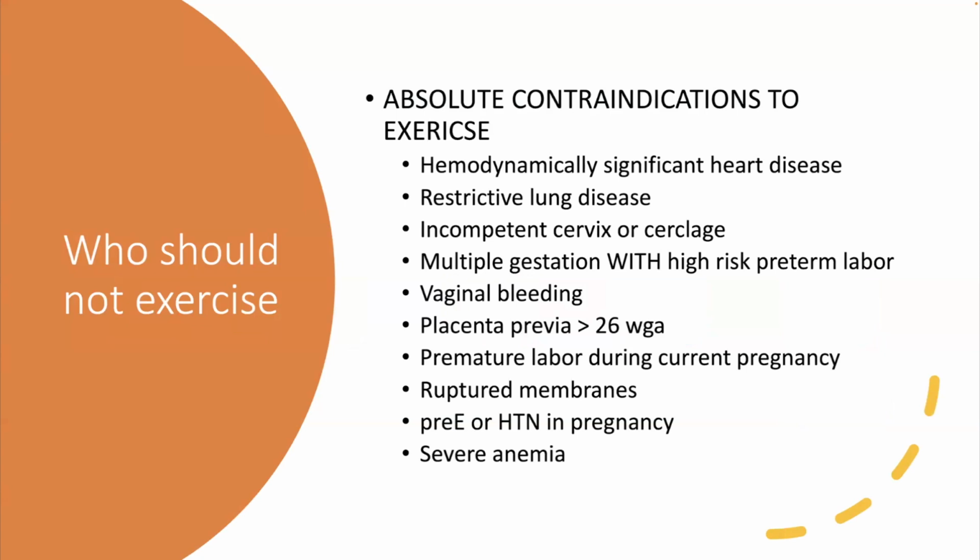Important here: just because they have a multiple pregnancy doesn't necessarily mean they have any contraindication to exercise. It's specifically those with high risk for preterm labor, again, determined by their OB. Any history of vaginal bleeding during this pregnancy, placenta previa, preterm labor, ruptured membranes, et cetera, et cetera.